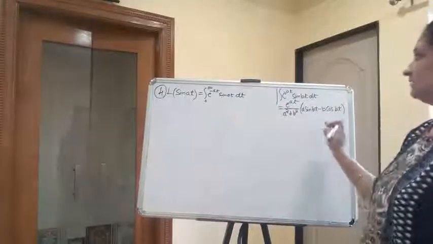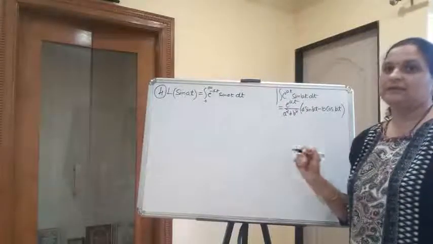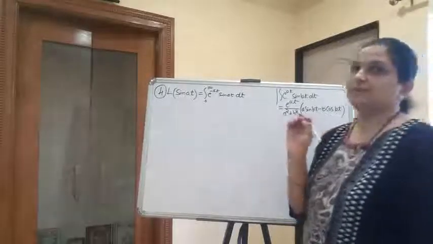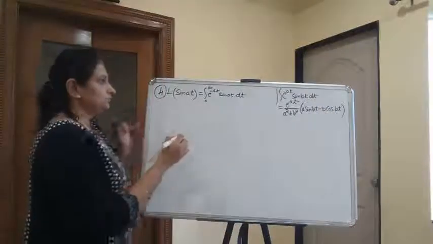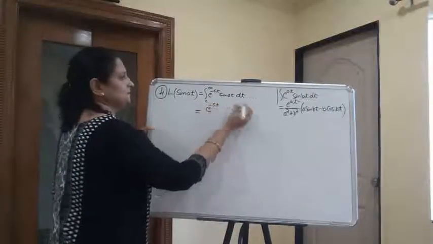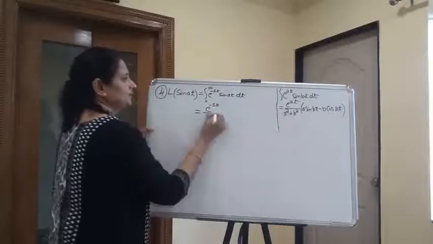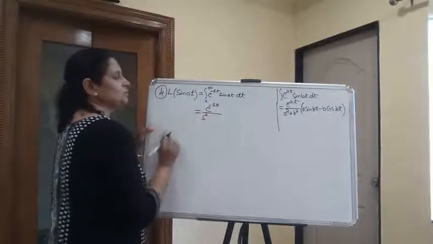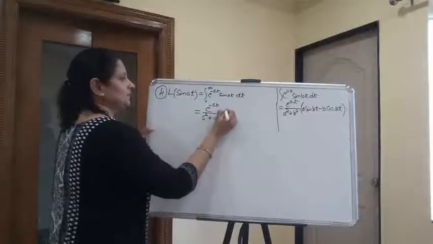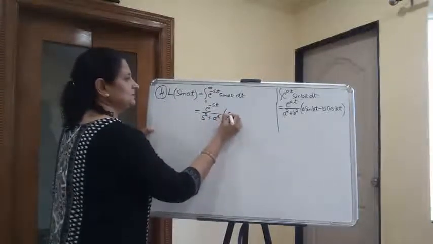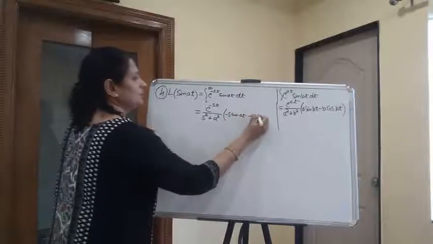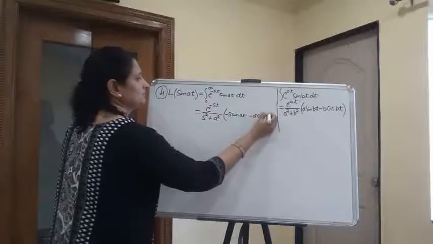So wherever in the formula you have a, replace it by minus s, and in place of b, replace it by a. Doing that, we have e power minus st divided by minus s whole square, that is s square, plus a square into minus s sin at minus a cos at.